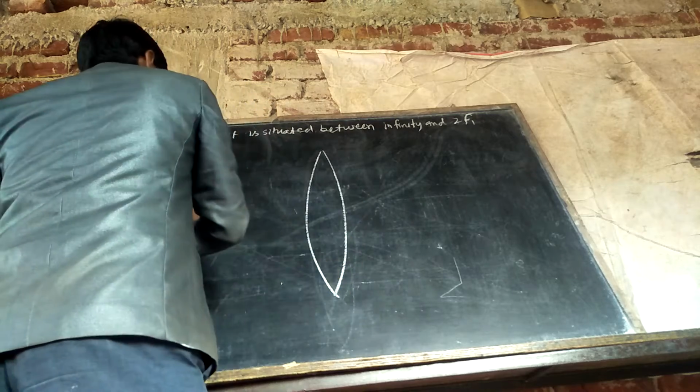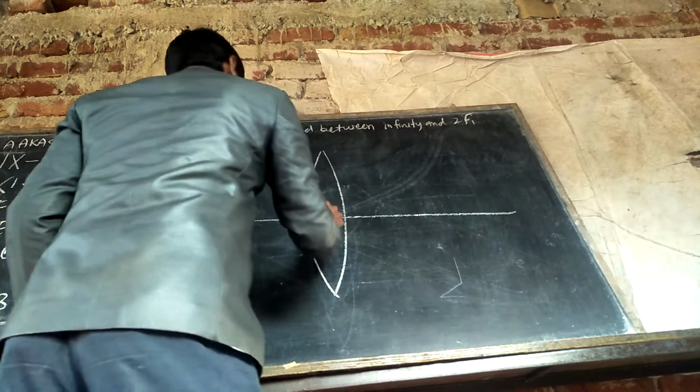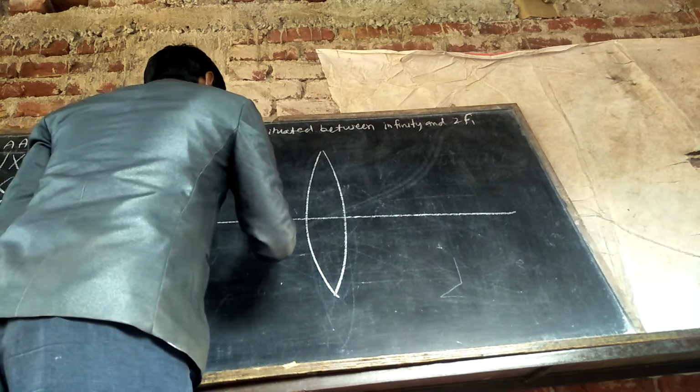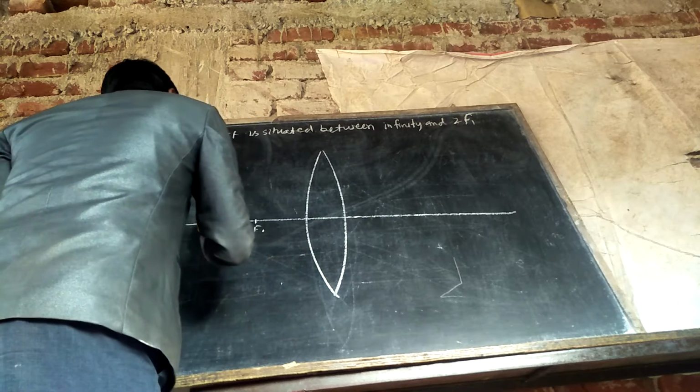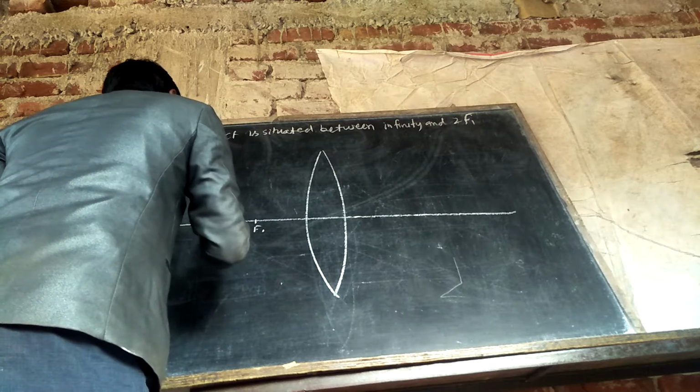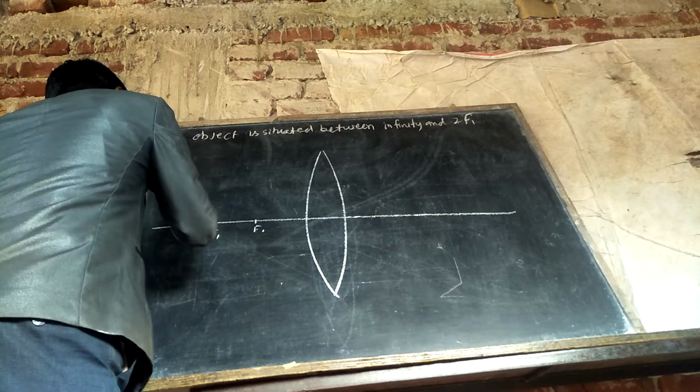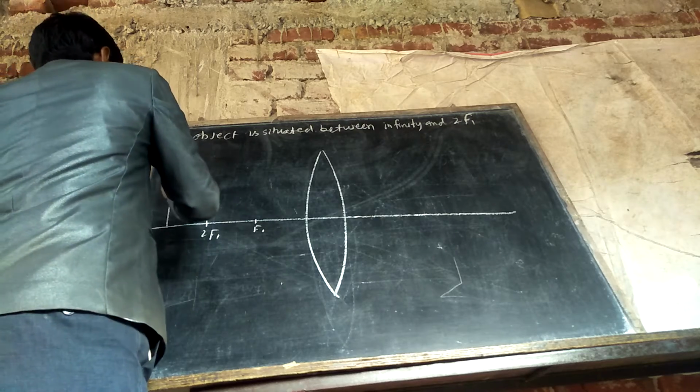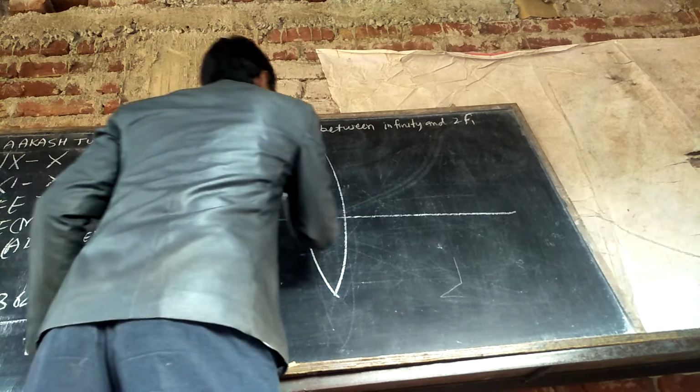Now draw a ray diagram. This is f1 and 2f1. Our object is like this. So, how will we plot the ray diagram?